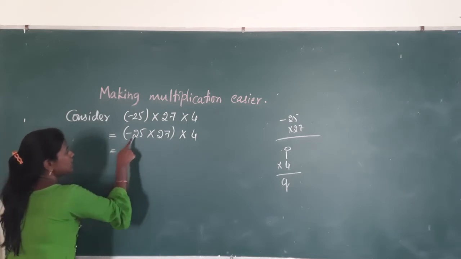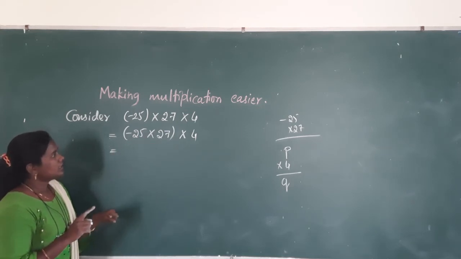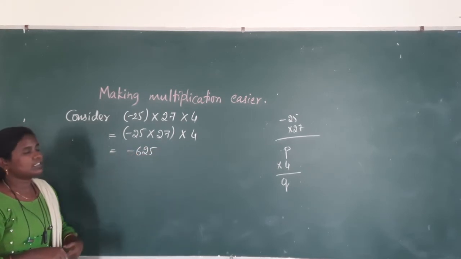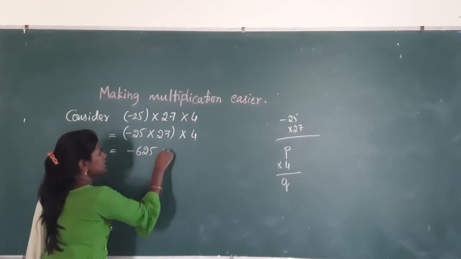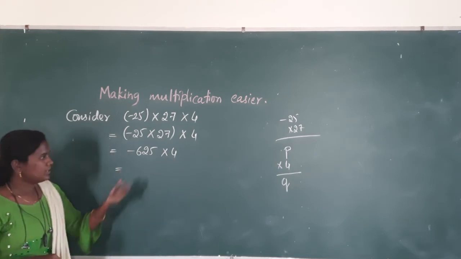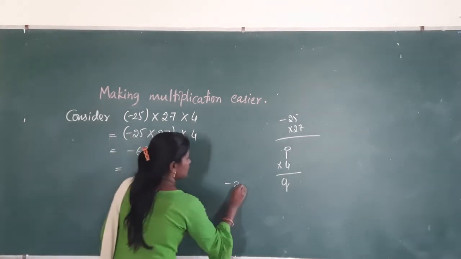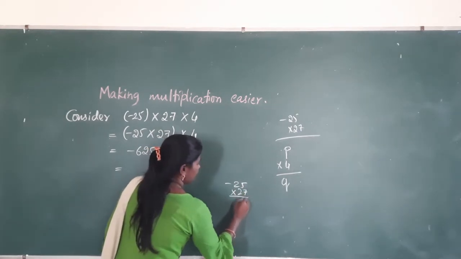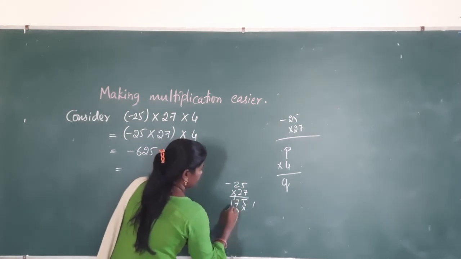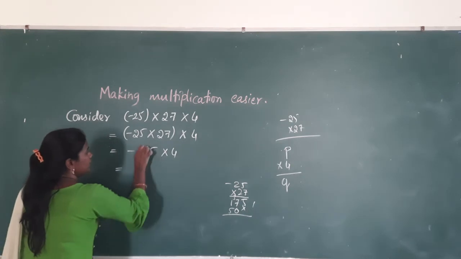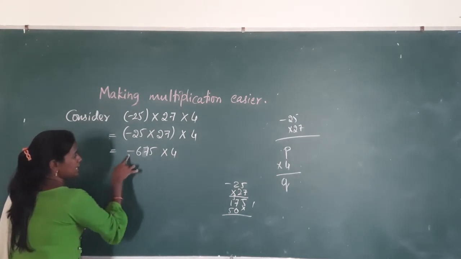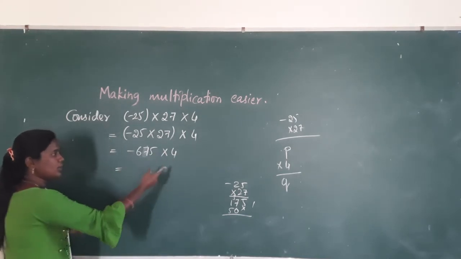See, minus 25 into 27, let us consider minus 625. Then into 4. Is it minus 625 only? Let us check. Minus 25 into 27, it is 675. Minus 675 into 4. After finding minus 675 into 4, now you have to multiply these two.